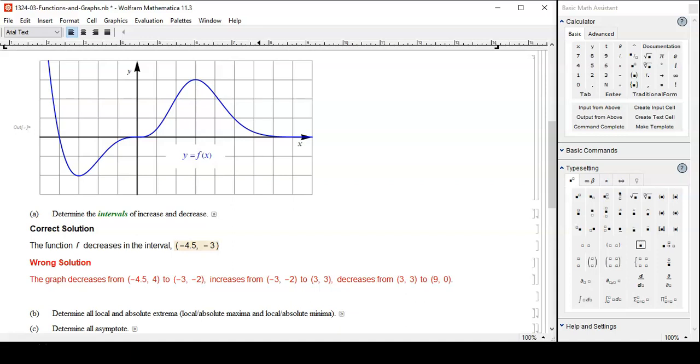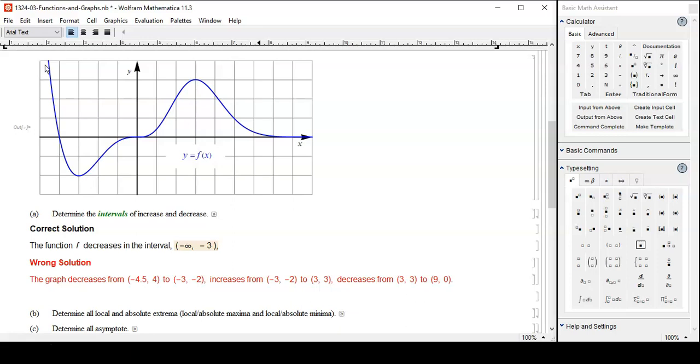As a matter of fact, you can assume this goes on forever. It hit the boundary, so assume the pattern continues. I think it's better if you write negative infinity to negative 3.